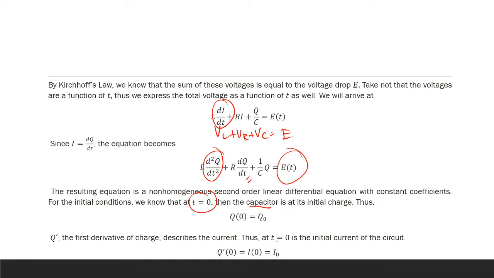So, at t is equal to 0, alam din natin na equal yung current mo to the initial current of the circuit. So, kung may initial current yan or nag-start ka at current is equal to 0, then that at t is equal to 0, that's equal to the initial current I sub O. So, we have initial charge, Q sub O, and initial current, that's I sub O.